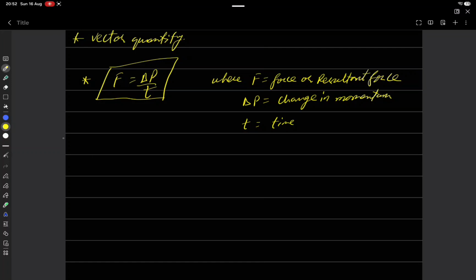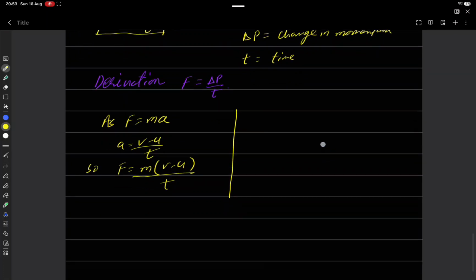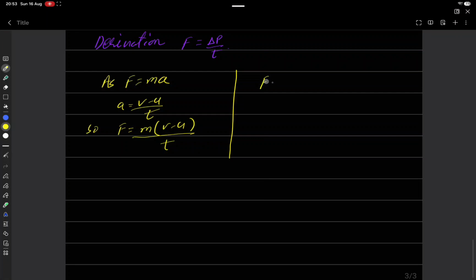Derivation: F is equal to delta P by T. As F is equal to ma, a is equal to v minus u divided by T. So F is equal to m(v minus u) divided by T. So F is equal to mv minus mu divided by T. Delta P is equal to mv minus mu.